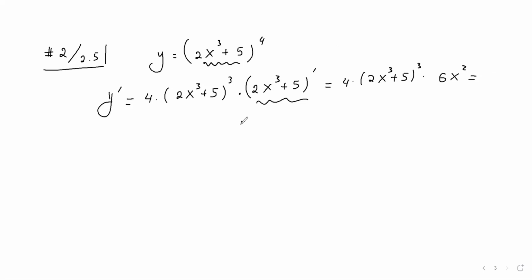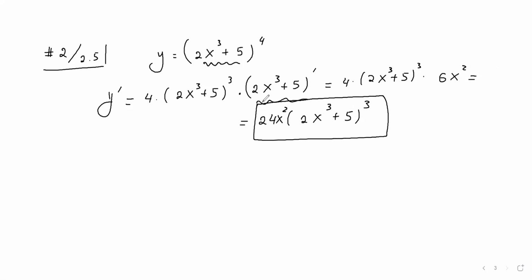So this is going to be 24 times 2x cubed plus 5 cubed. 24, I'm sorry, x squared. Let's put x squared over here as well. So I like to collect the powers of x and the constants in front of a more complex formula. This would be the final answer. All right, so that's our second problem.